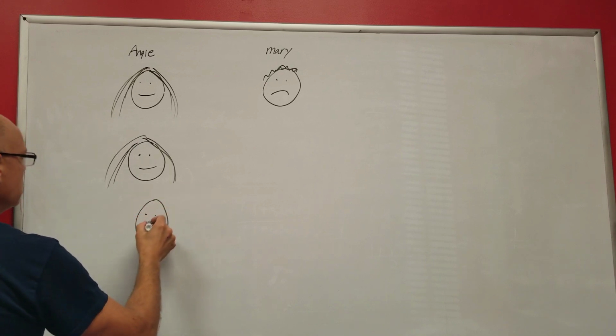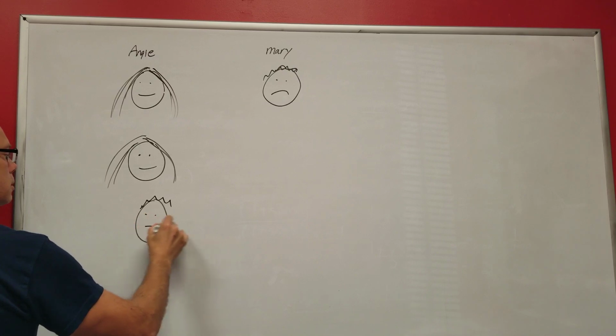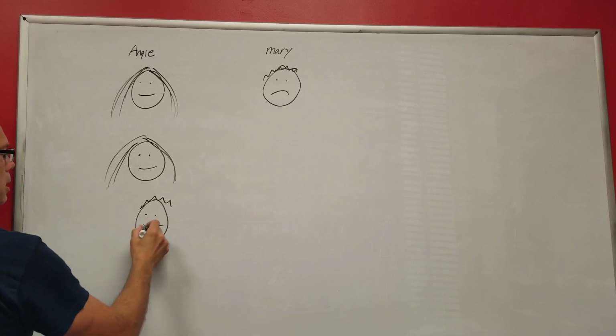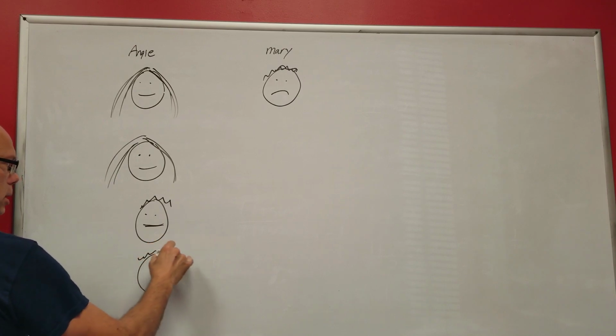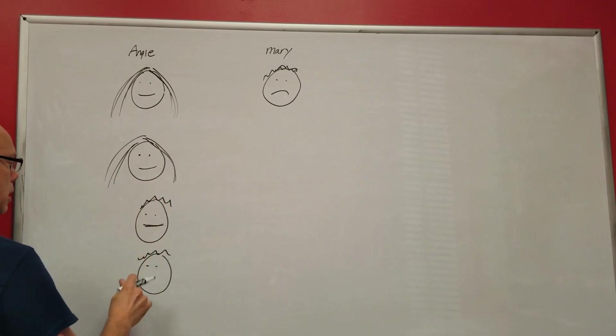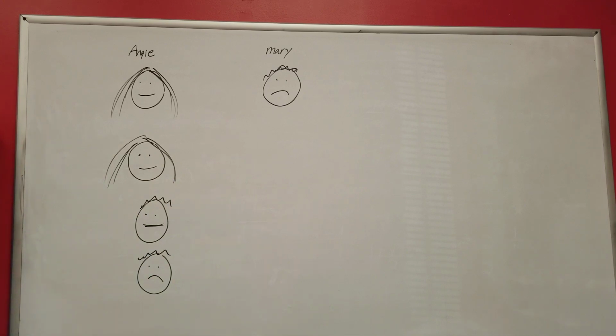Let me take Angie and give her short hair like Mary, okay? Then you might say, okay, well, let me take Angie with the short hair, with the smaller eyes like Mary, and make her mouth shape the same, okay? Guess what? She's starting to look like Mary, right? Only because we altered this.